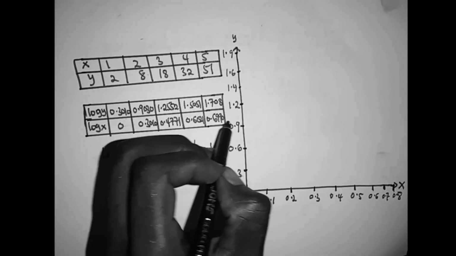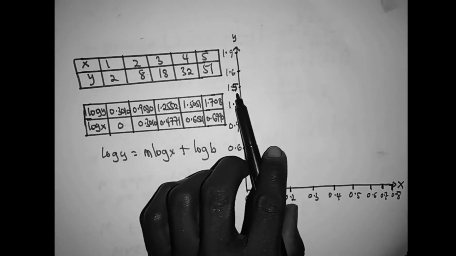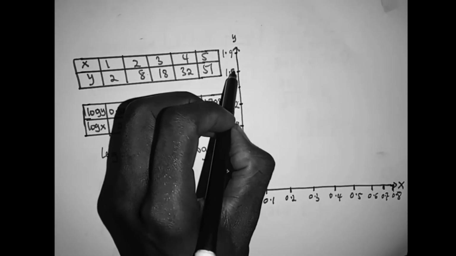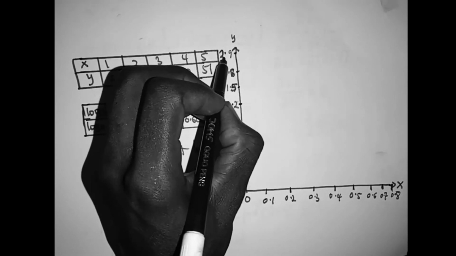Sorry, I've made a mistake. So 1.2 plus 0.3 is 1.5. Then 1.5 plus 0.3 will give us 1.8. And 1.8 plus 0.3, here will be 2.1.